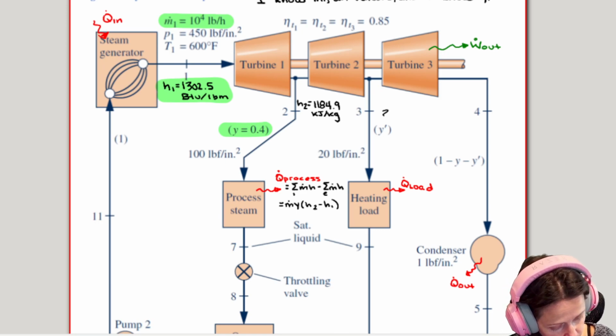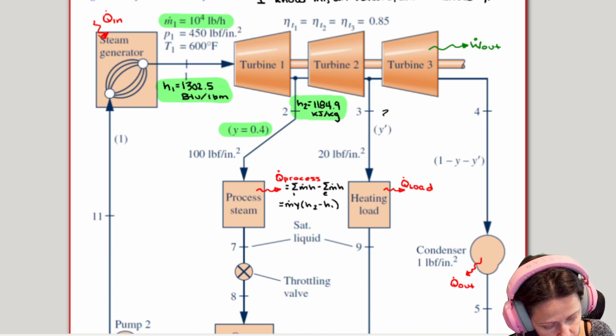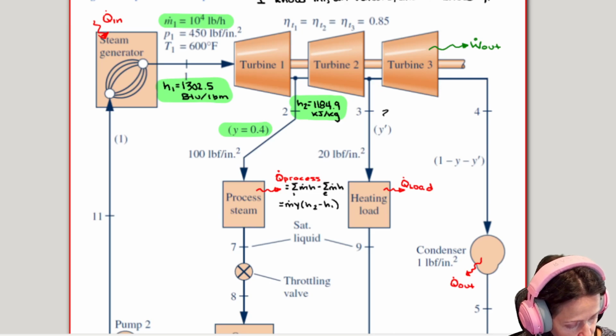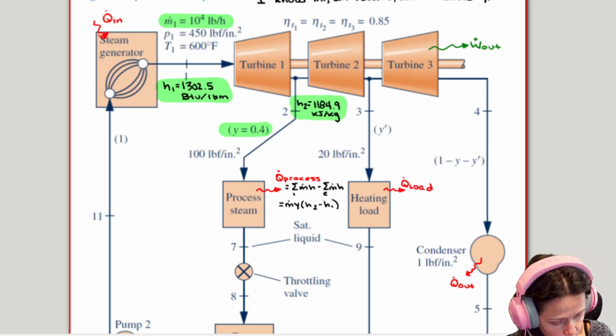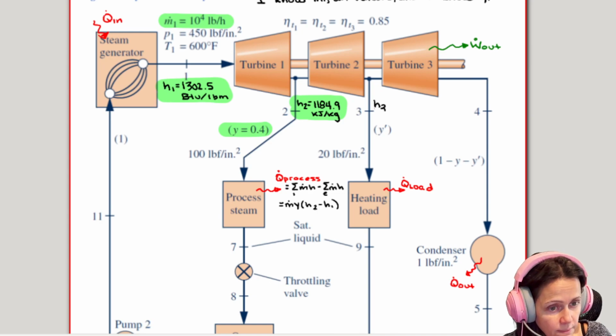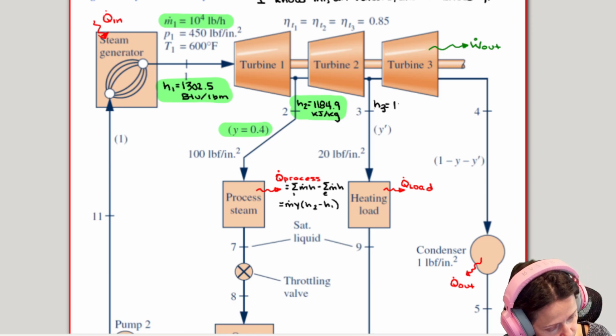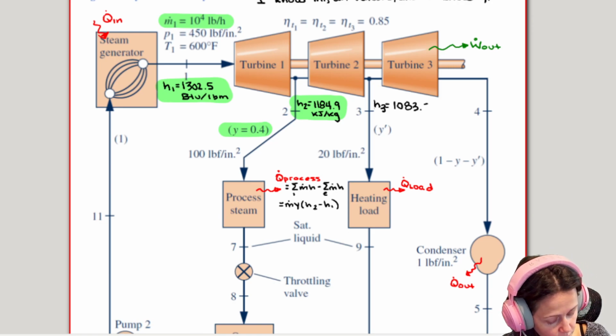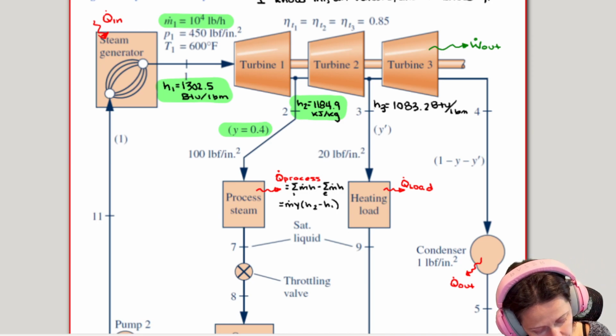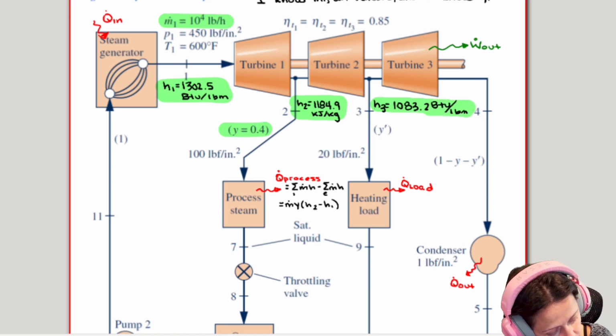Hopefully maybe this'll be useful if you want some practice getting values. h3, that being 1083.2. I realize I put kilojoules per kilogram on the units, so let me fix that right now.